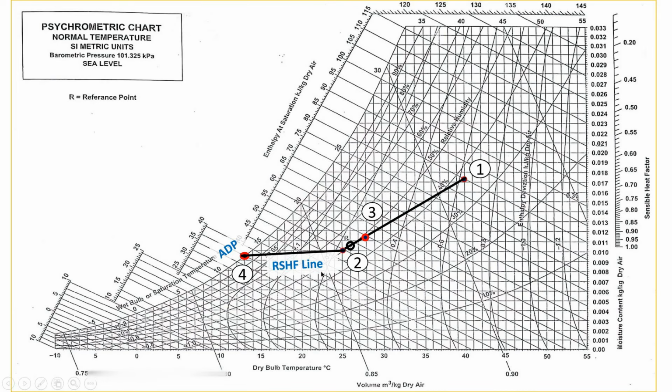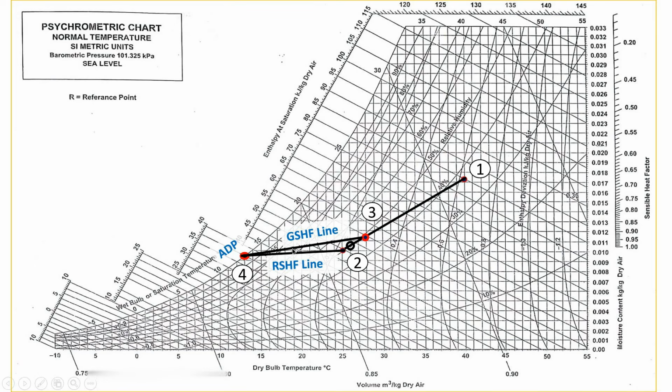So to draw room sensible heat factor line, we can connect apparatus dew point temperature with room condition like this. So this is room sensible heat factor line, and to locate grand sensible heat factor line, we can connect this mixing point with ADP like this. So this is grand sensible heat factor line. Now we can calculate value for room sensible heat factor and grand sensible heat factor.